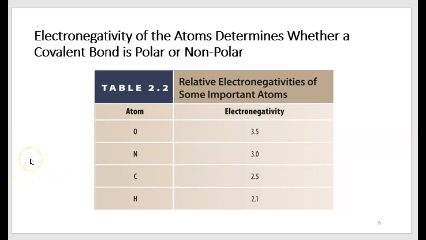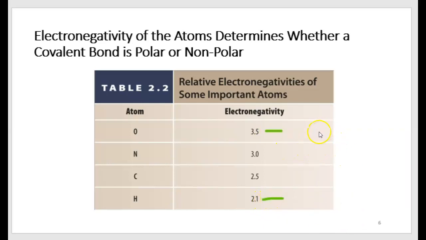So the electronegativity of the two atoms involved in a covalent bond will determine whether that covalent bond is polar or nonpolar. So for example, in this table, you can see that oxygen has a very high electronegativity compared to hydrogen.